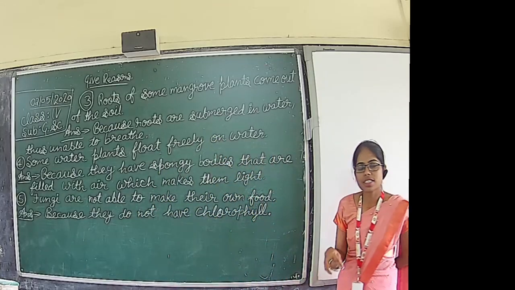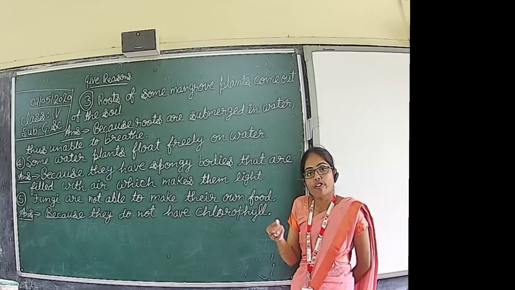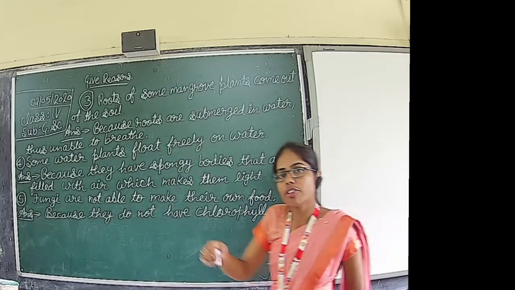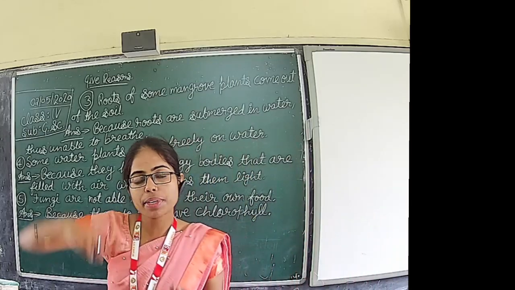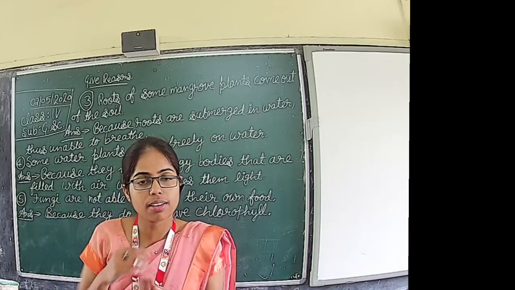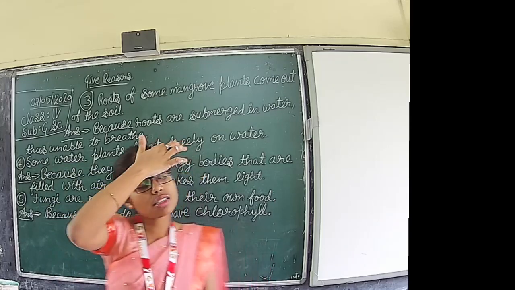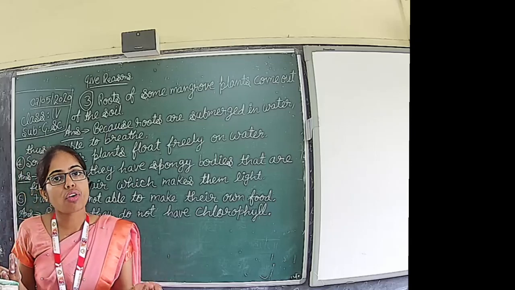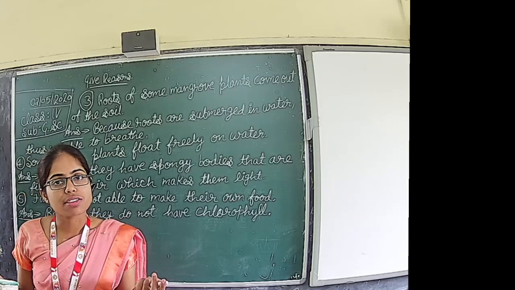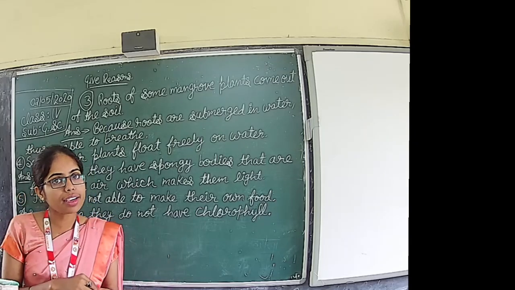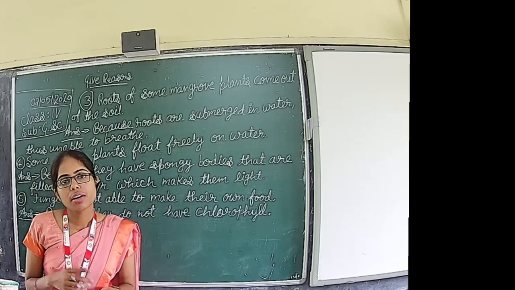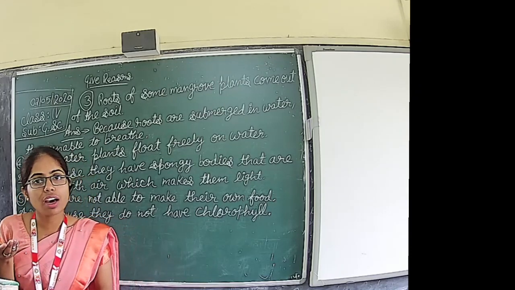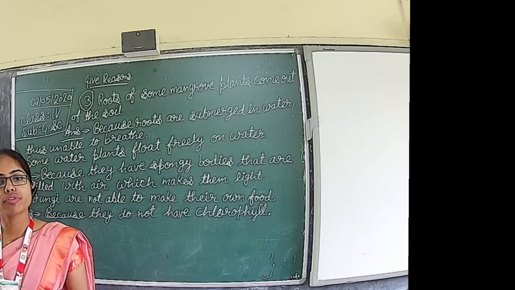What is the speciality of this plant? We know that if I put this chalk piece into water, it will sink, no? But this is not the case with water plants. They do not sink inside the water, but they float freely on the surface of water.